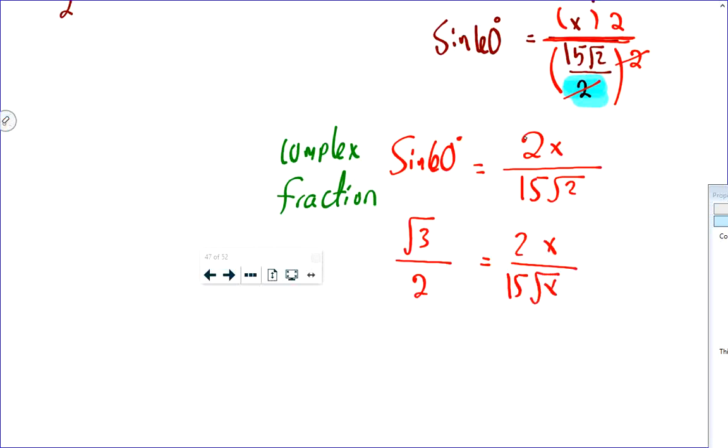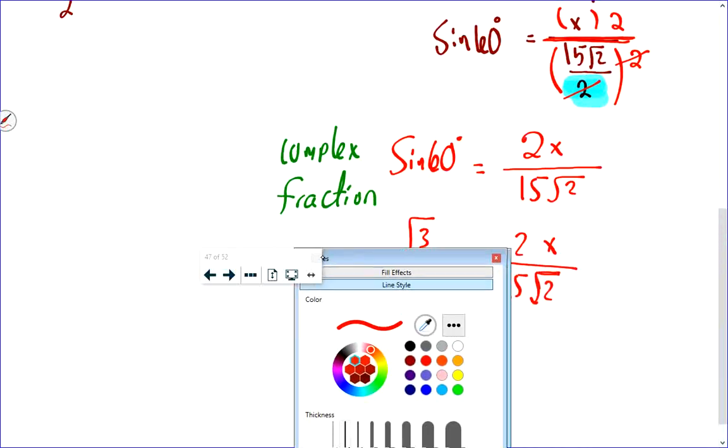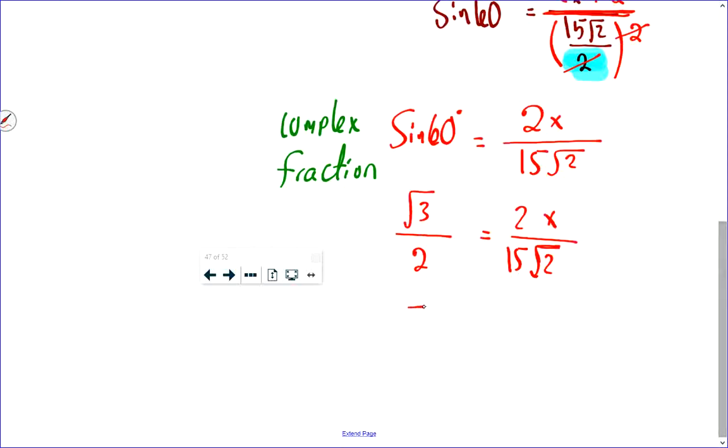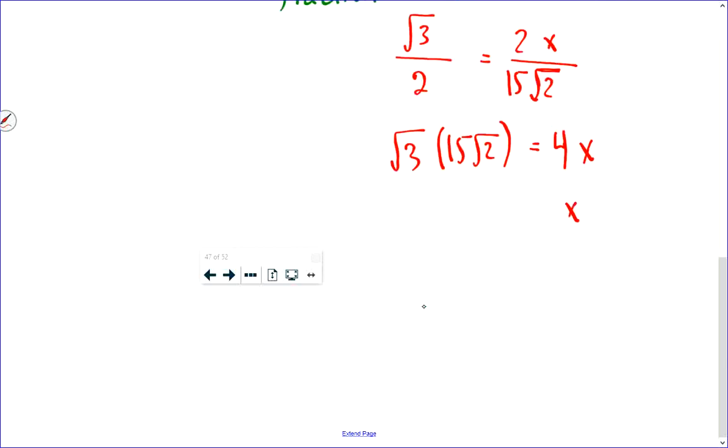Well, let's cross multiply. That means I take the top, which is root 3, multiplied by the bottom, which is 15 root 2, equals the top times the bottom, which will be 4x. So now I can divide both sides by 4 and get x equals 15.